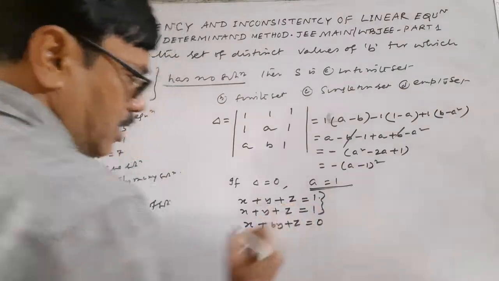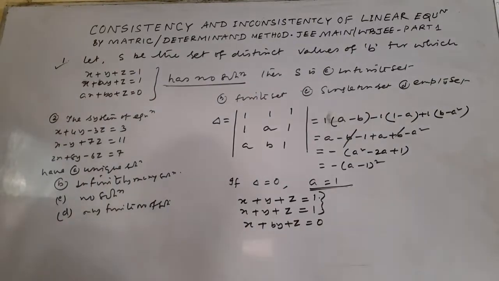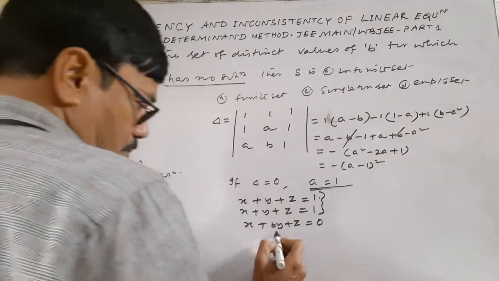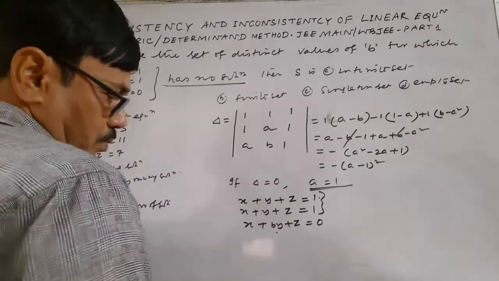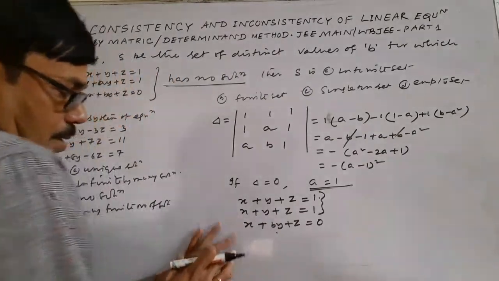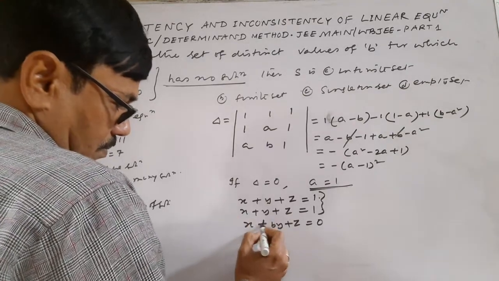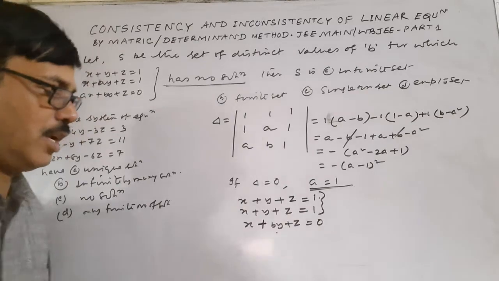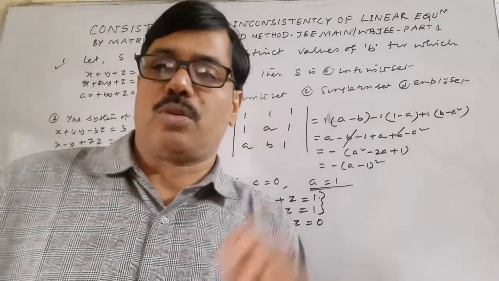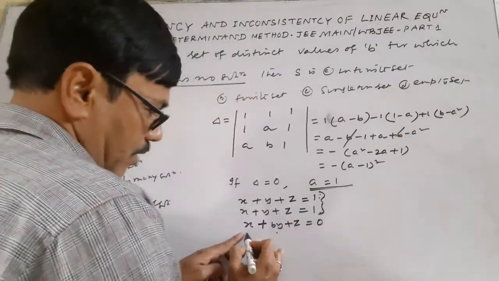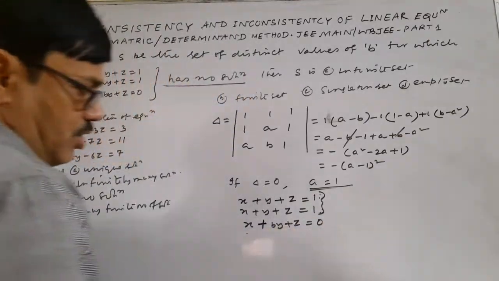Now they represent the same equations. So if b equals 1, then there is no solution, because these two equations are parallel planes.